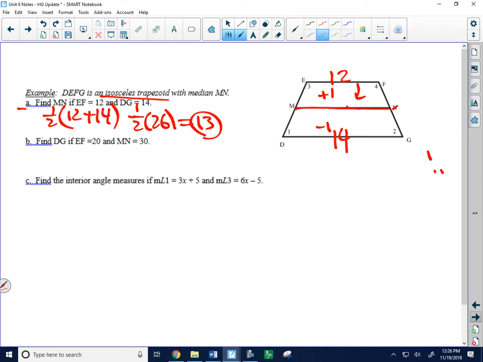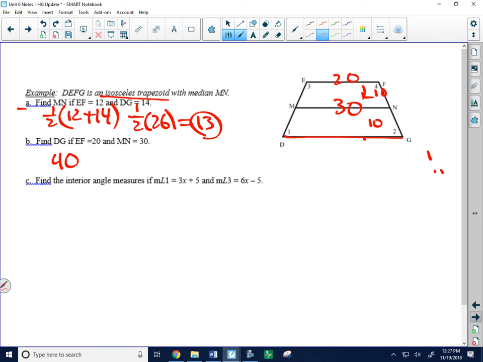Part B just gives you a different part of the diagram. It says find DG, so I want this one. EF is 20 and MN is 30. I can show you the setup for the work here, but without doing the setup work, any thoughts on DG? 40. 10 this way, 10 again, it would be 40.